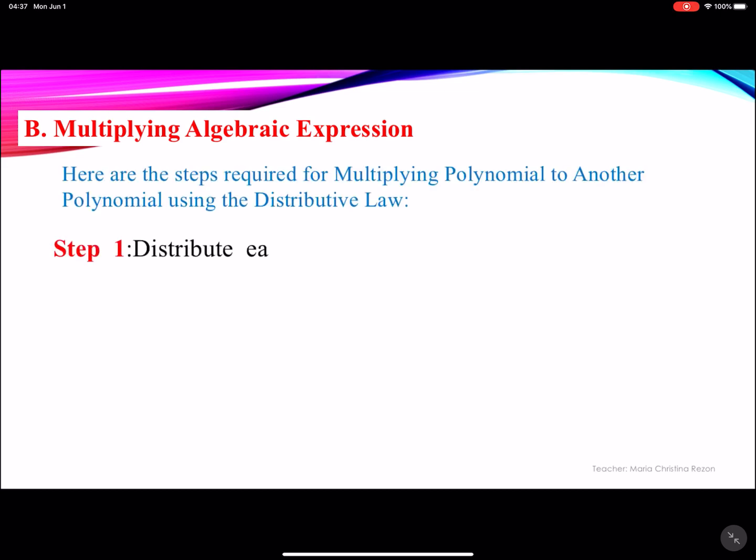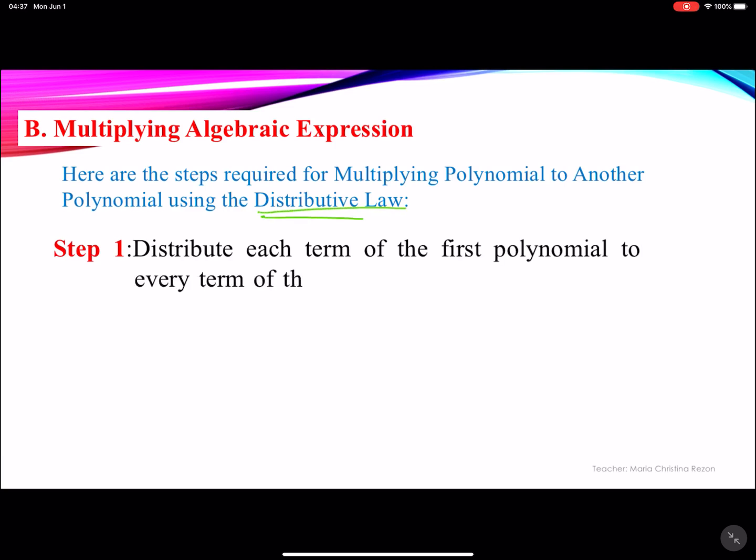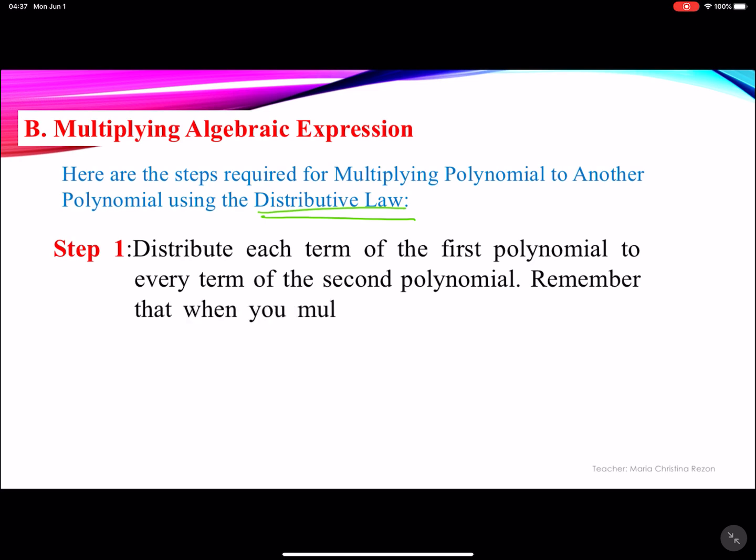Let's have some multiplication problems here. But before that, to multiply algebraic expressions, we have steps to follow. The distributive law is used. So distribute each term of the first polynomial to every term of the second polynomial.